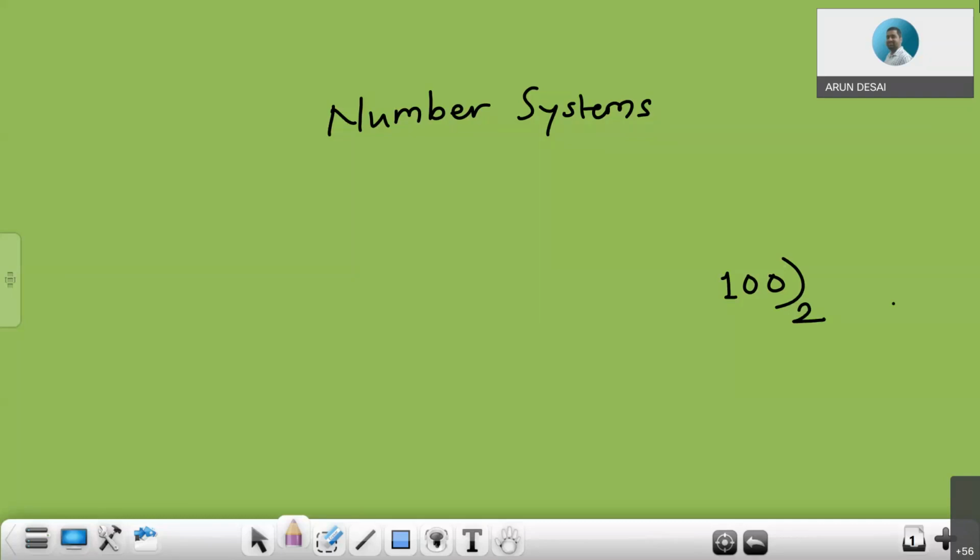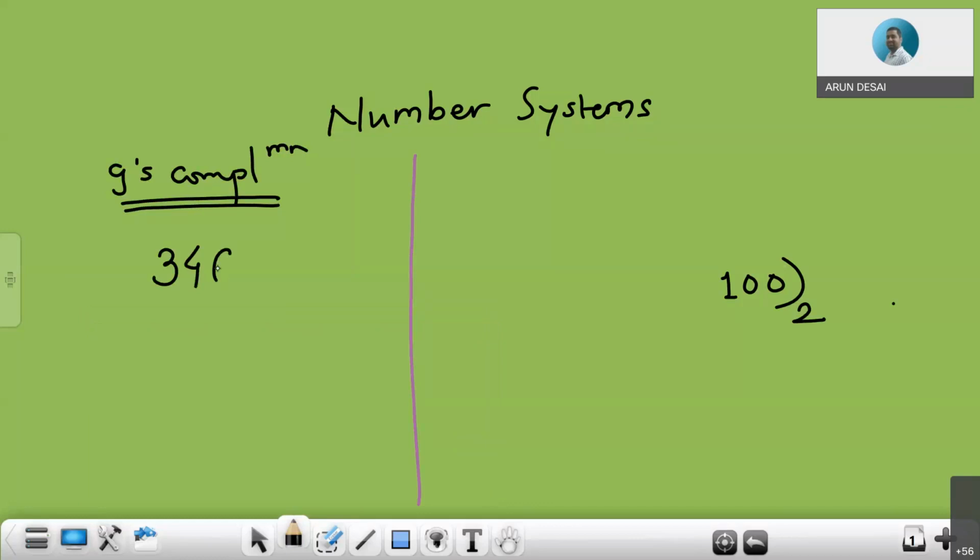Okay. So I'll tell you first about nines complement. Nines complement method. See, I have a number given there, that is 3465, which is a decimal number, right?